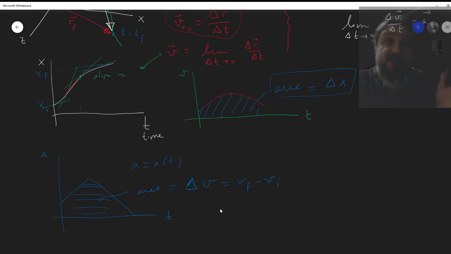Your speed is not changing, but your direction is changing. Since velocity is a vector, its direction changing does count as a change. So there is acceleration there. Your speed is not changing, but you are still accelerating because the direction of the velocity is changing, and that's because there is a force on your car.